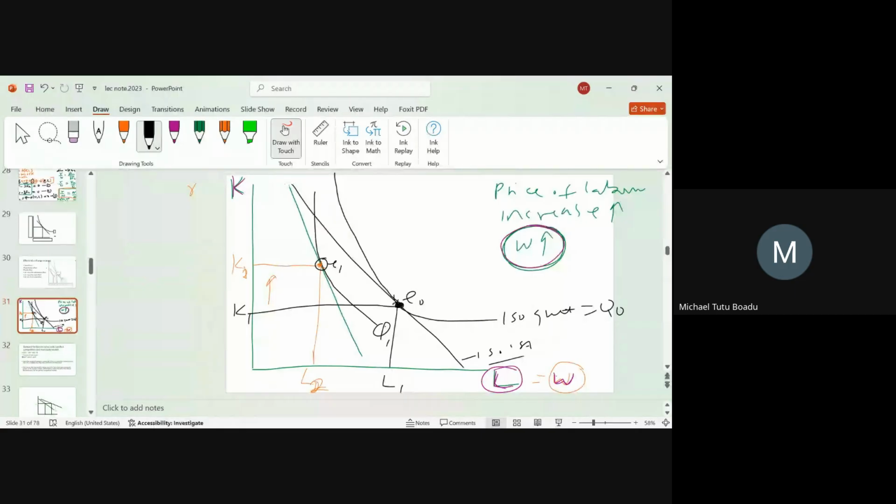So you have to compensate the firm so that it can go back to the old production of Q0 instead of Q1. We call this compensating variation. So you draw a new budget line that will be tangential to the old isoquant.